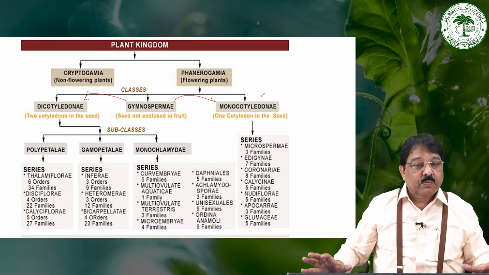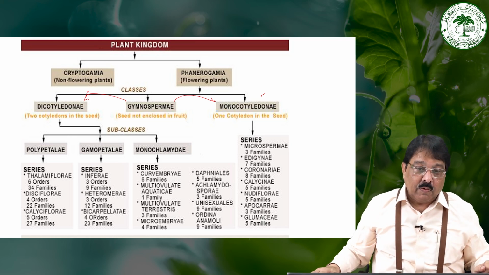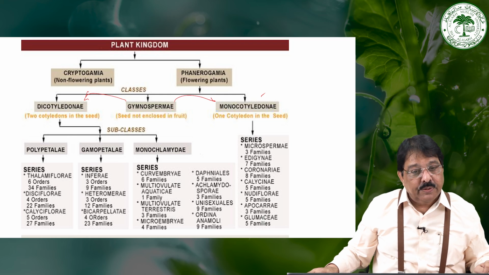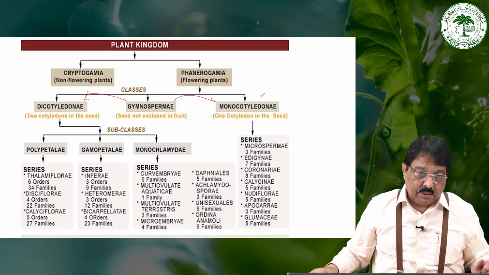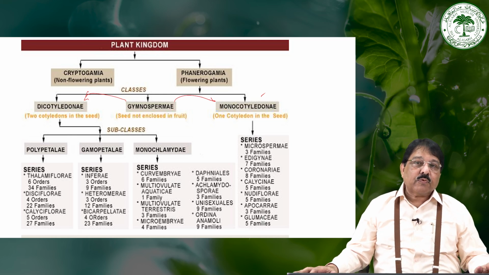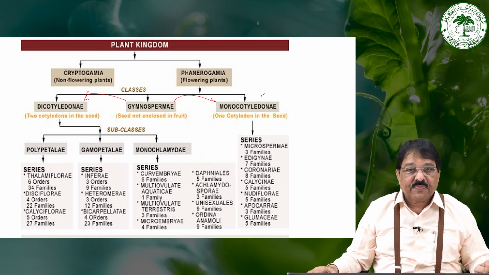Definitely the ovary will be superior because it occupies the top position. In case of the disciflorae, the flower again will be hypogynous, the ovary will be superior. While in case of the calyciflorae, it is perigynous or epigynous, and the ovary is half superior or half inferior or completely inferior.